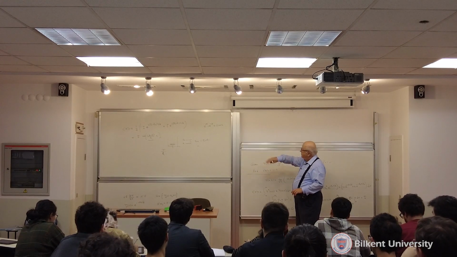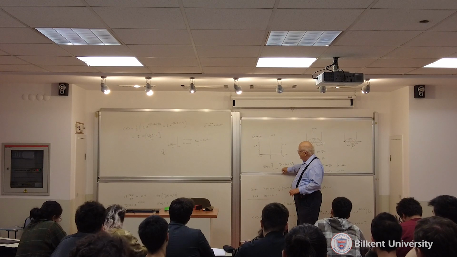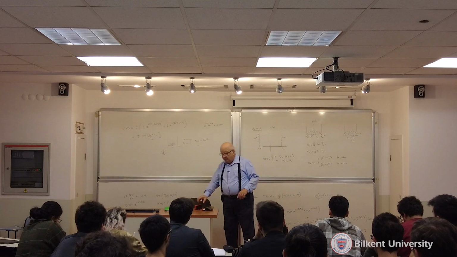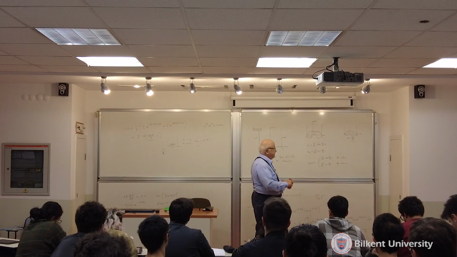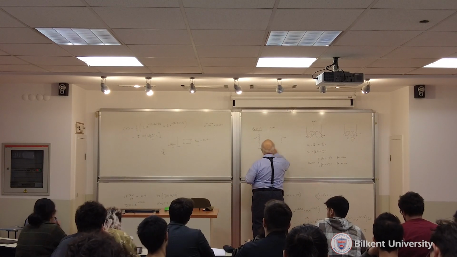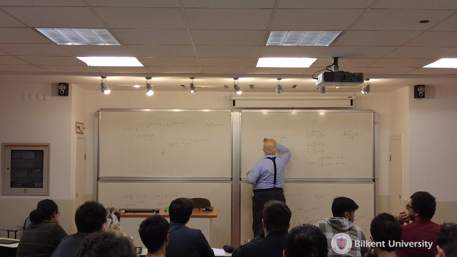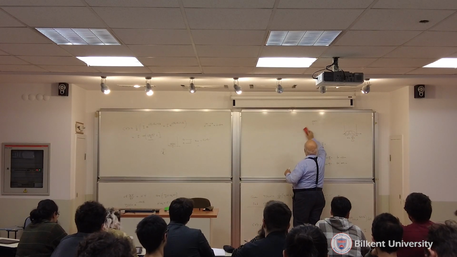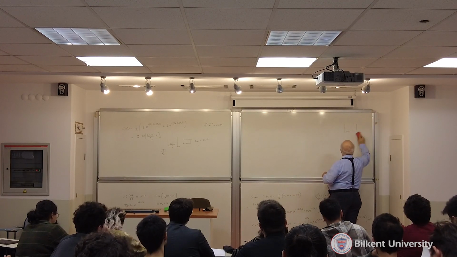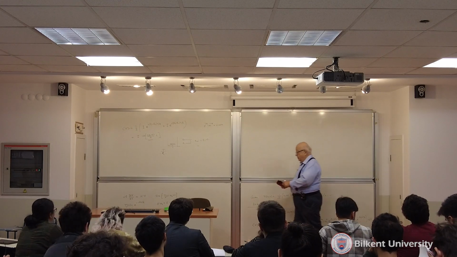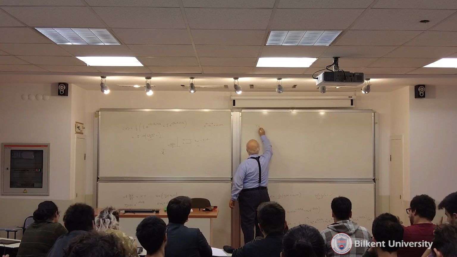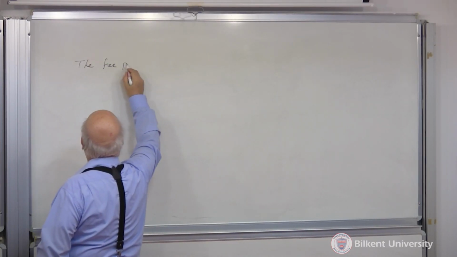Griffiths continues on with various other bound states, but at this point I want to go to a scattering state, okay, so that we get some experience with continuous energy states also. All right. So let's analyze the free particle.